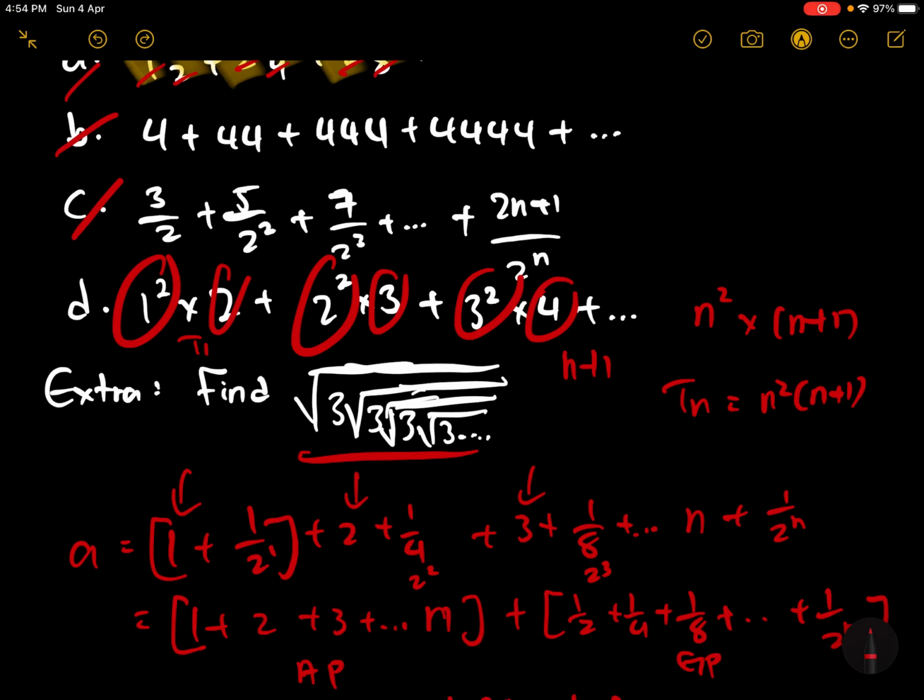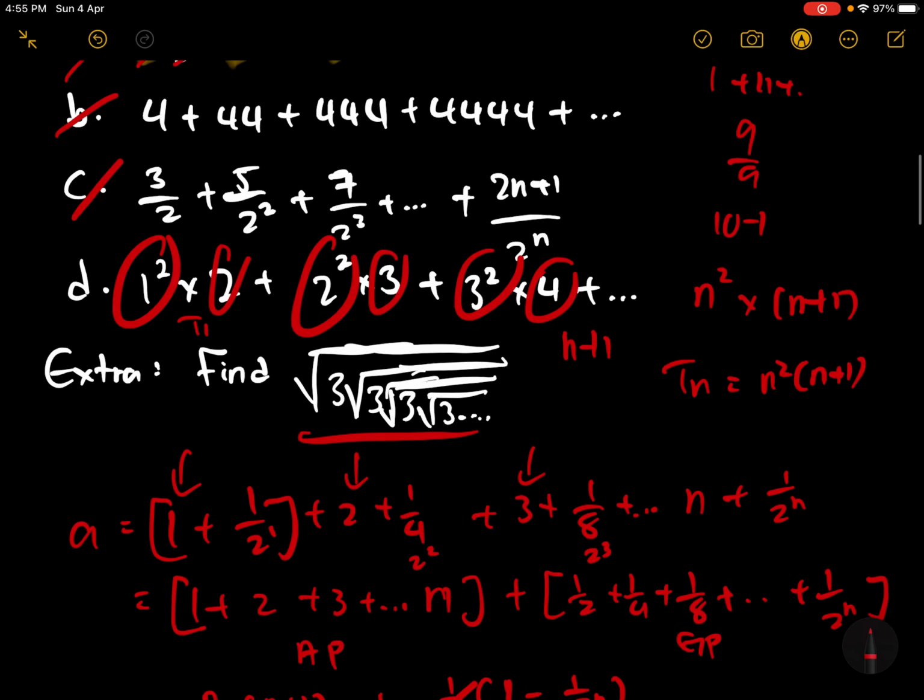For this one, you want to make sure that the denominator becomes 9, and you want to make sure that it's 1 plus 11 plus so on. Then you get 9 over something, because you want to get 10 minus 1, 100 minus 1, and so on, because you want this whole thing to become n, and this whole thing to become a GP.